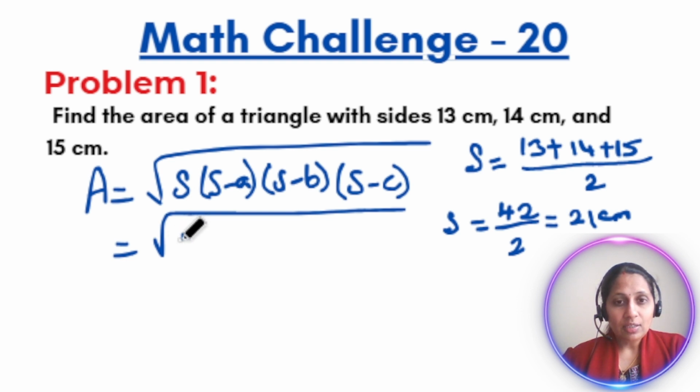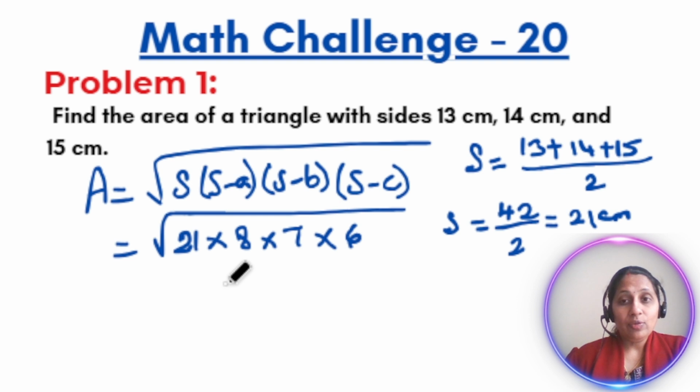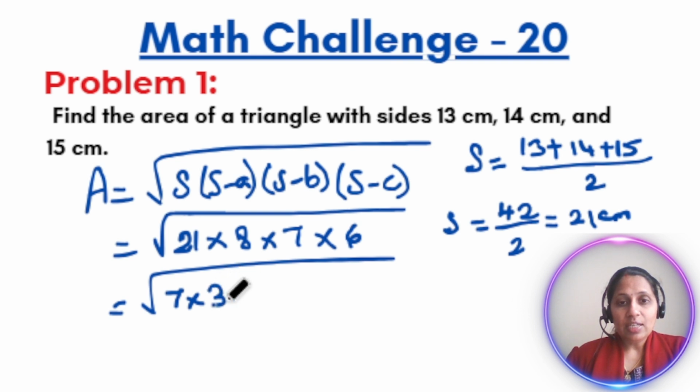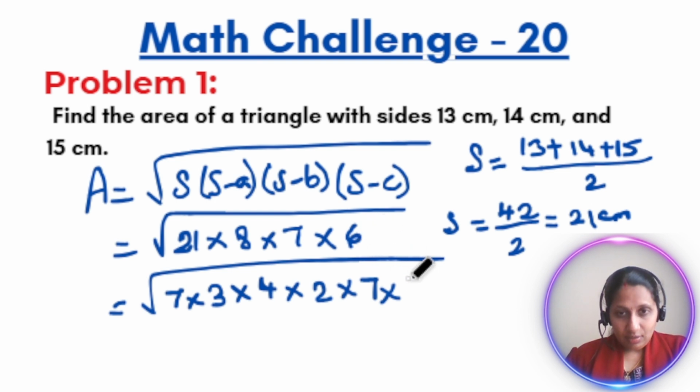So substituting it, you get 21 times (21 minus 13 gives you 8) times (21 minus 14 gives you 7) times (21 minus 15 gives you 6). Instead of multiplying and then finding the square root, let's expand this. 21 can be written as 7 into 3. 8 is written as 4 times 2, and 7 as such. 6 can be written as 3 times 2.